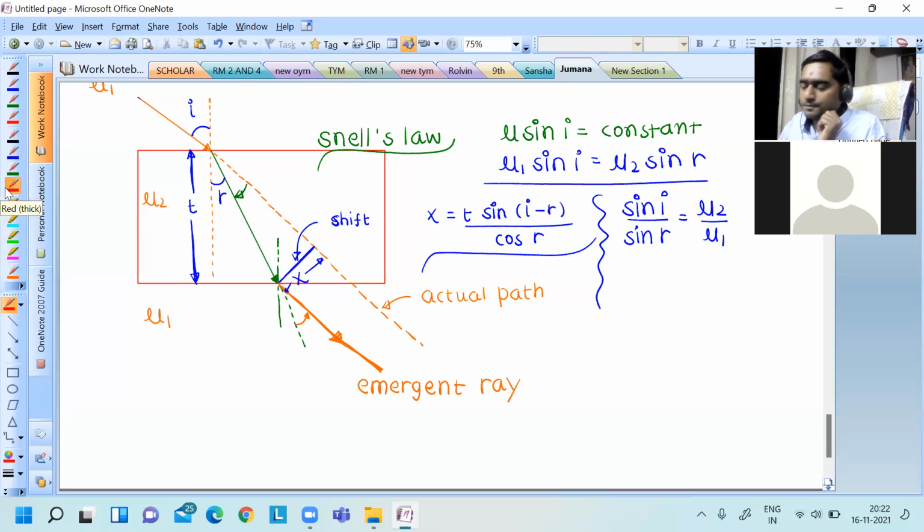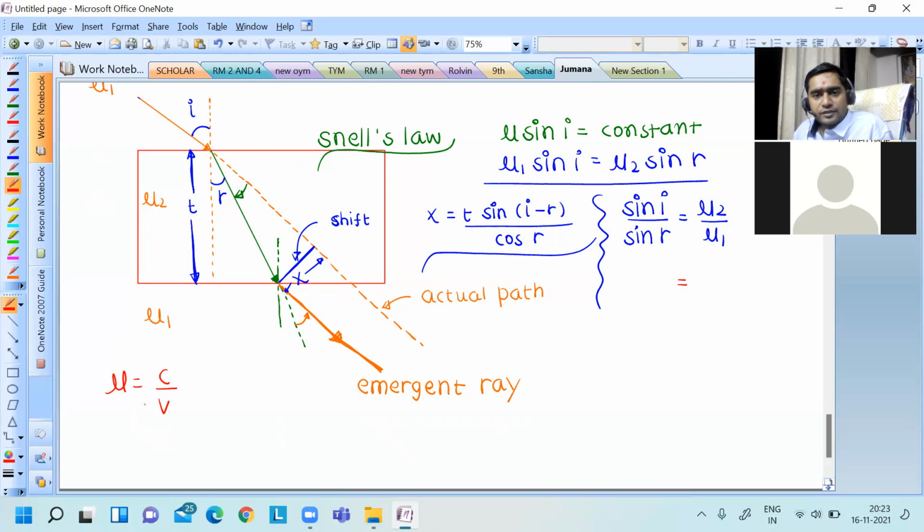One more formula. We know that mu equals c over v. Whether it's a denser medium or rarer medium doesn't matter.